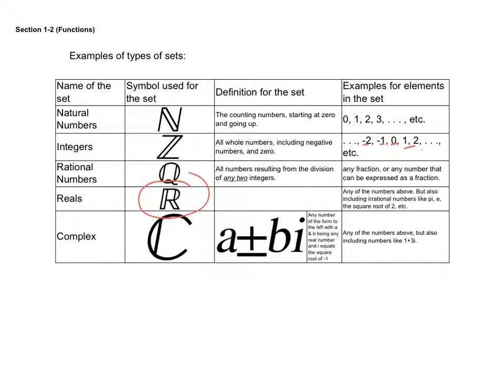So the reals include the naturals, they include the integers, they include the rationals, and they add into that numbers like pi and numbers like the square root of 2. Those are the real numbers. Again, the complex numbers we will get to later. I just want you to know right now that they exist. And I know you do from Algebra 2. More on those later.